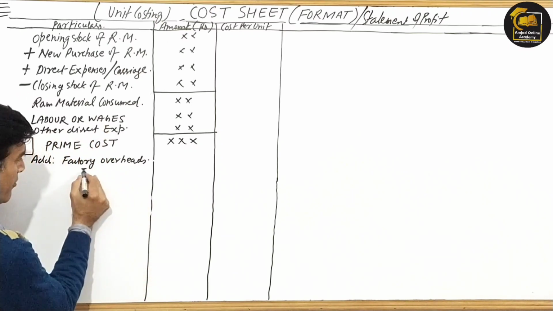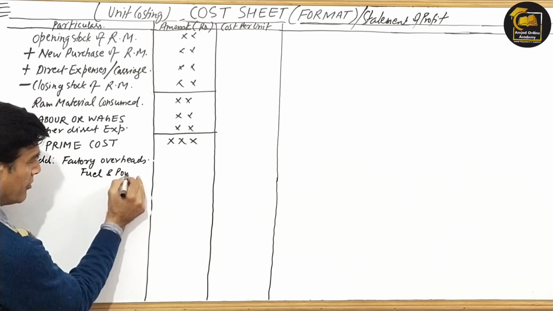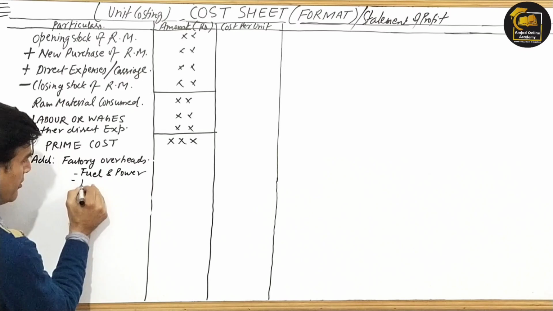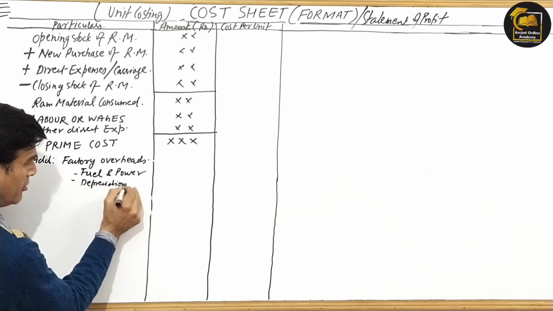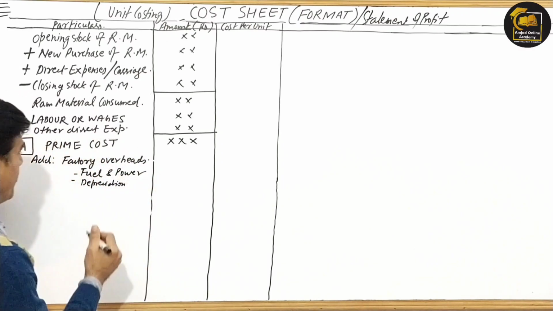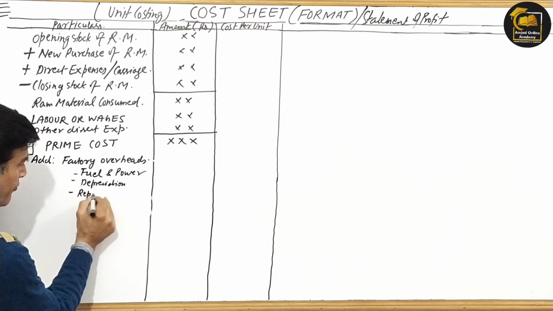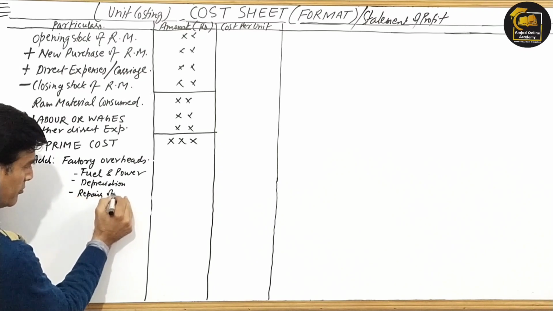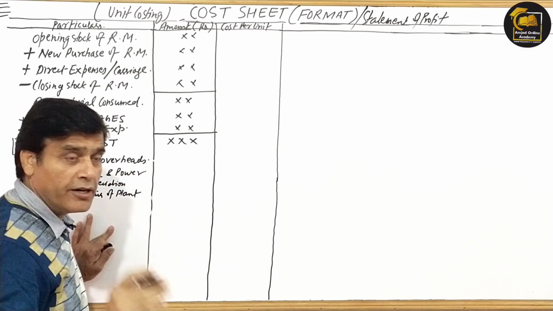They may be, for example, fuel and power, depreciation of plant, particularly here, depreciation of plant, repair of the plant, right? Repair of the plant.